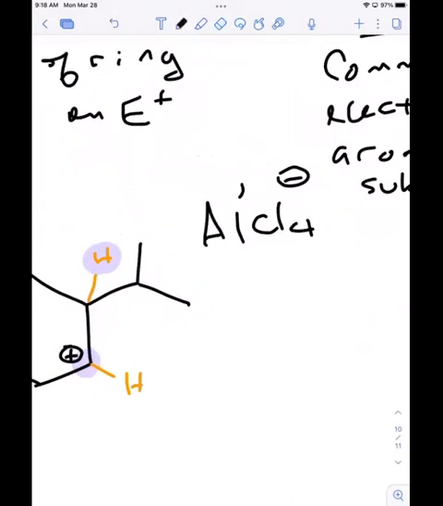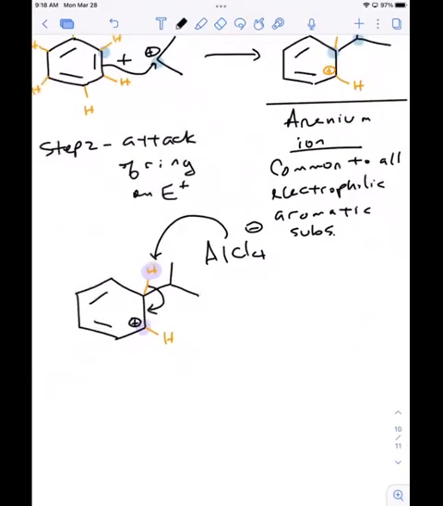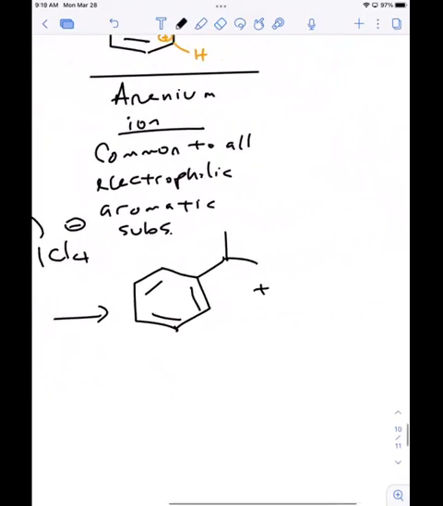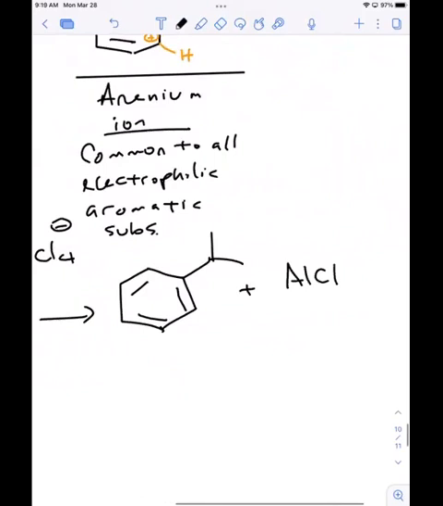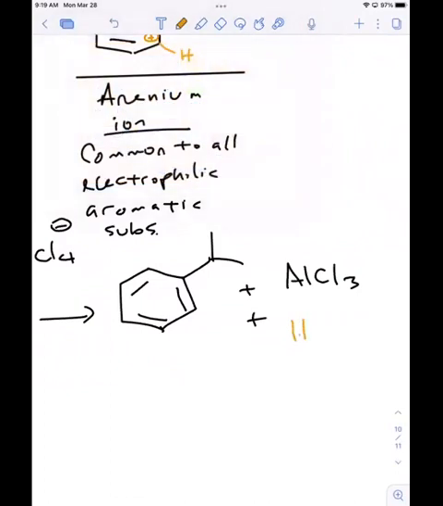My arrows suck on Mondays. So we're going to do that. And then we're going to eliminate here. Eliminate that proton. And that is going to put a pi bond back in that position. My electrophile that I added is still on the ring. And then this is plus. And that hydrogen that came off is going to end up with one of the chlorines that was on the aluminum.